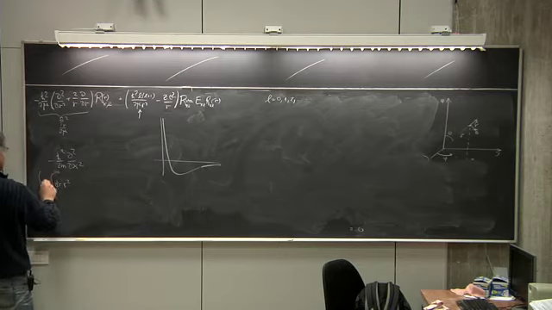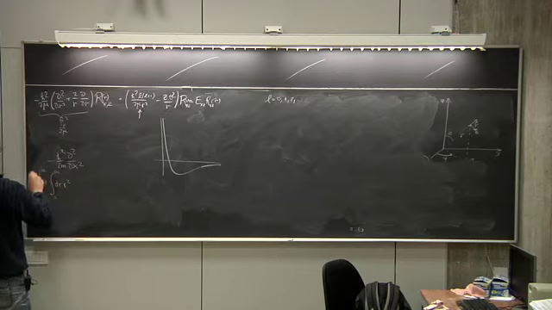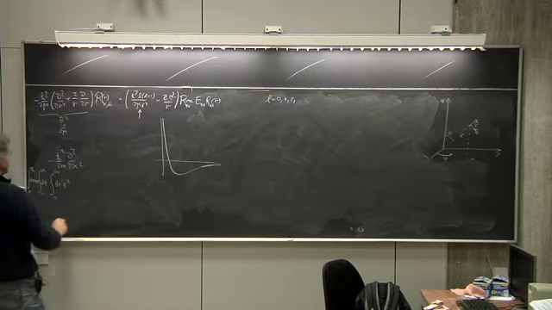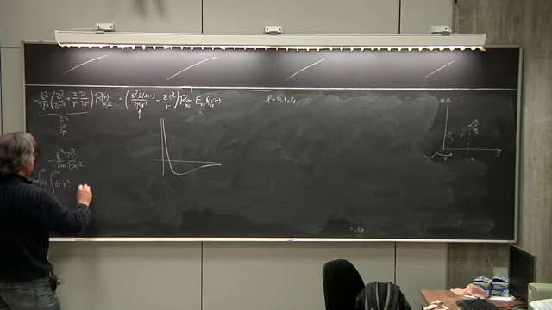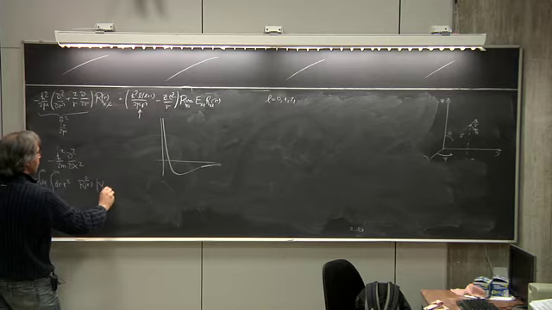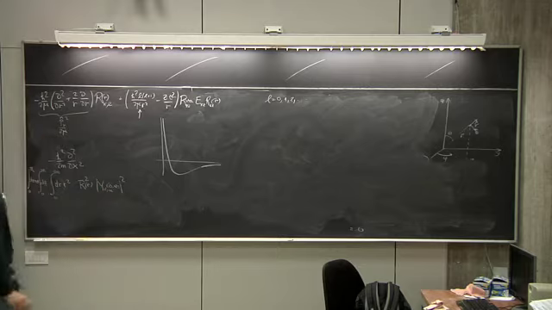So I have an integral, for instance, over phi from 0 to 2 pi, and an integral over theta, sine theta, from 0 to pi. And then I have r squared in the integration measure. And then I have the square of r times the square of the theta and phi part.